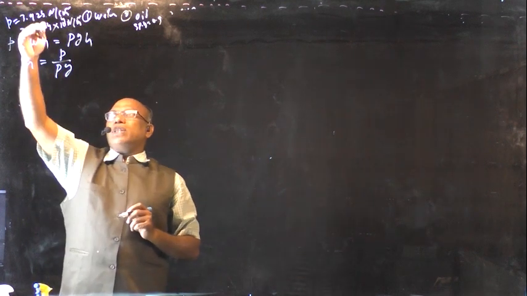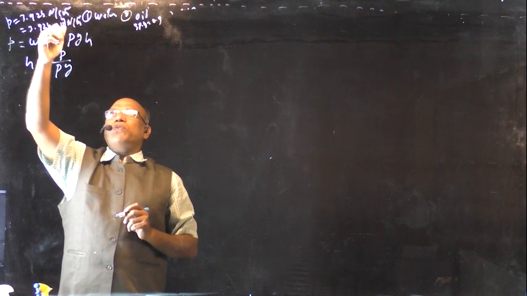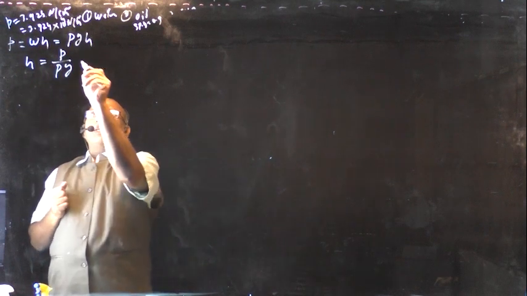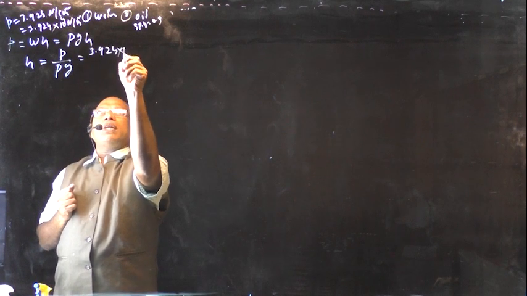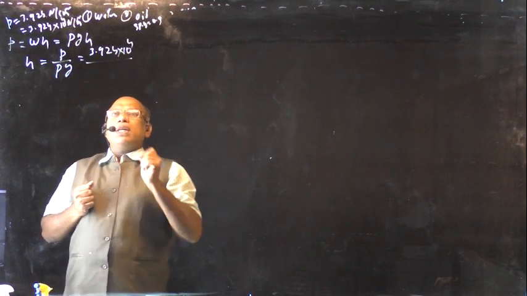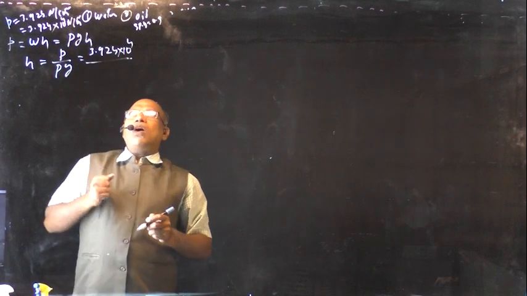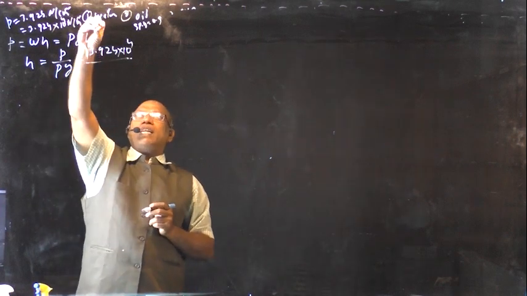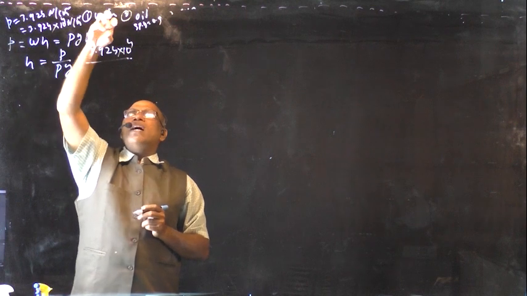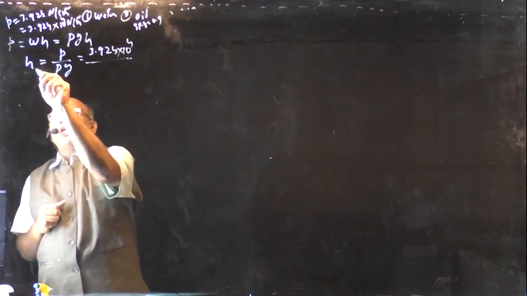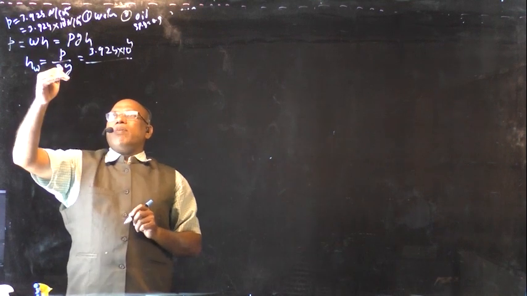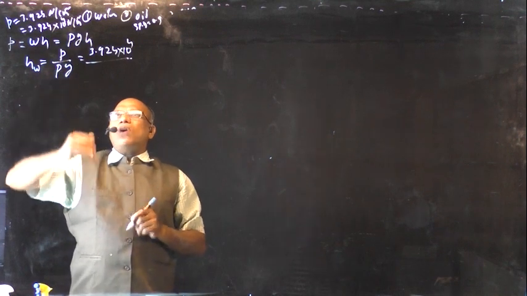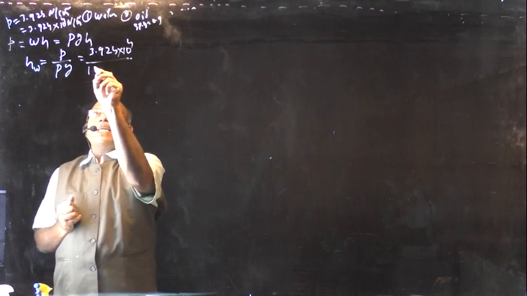Now first we are going to determine the water column. Head of water is equal to pressure intensity divided by rho. Density of water is equal to 1000 kg per meter cube.